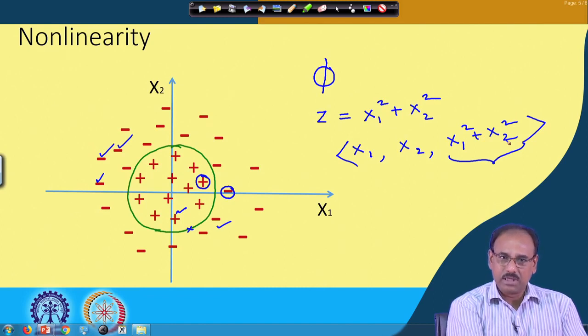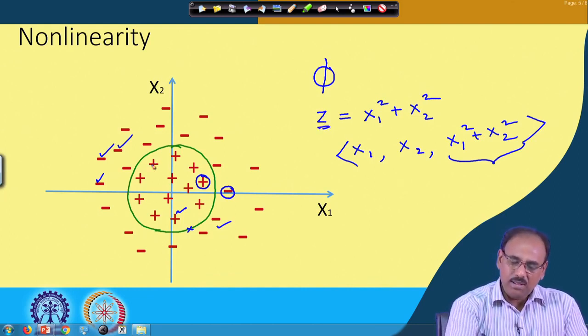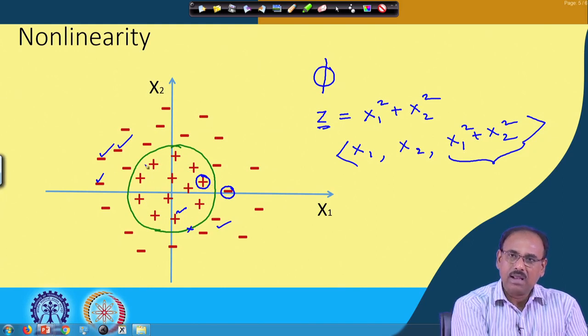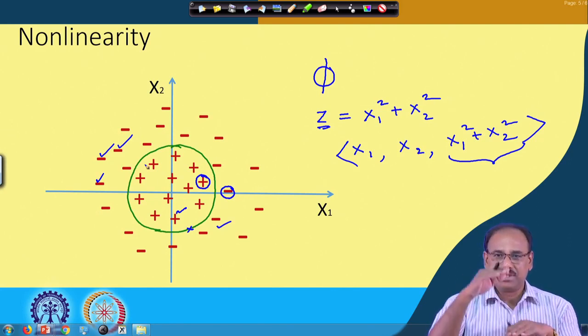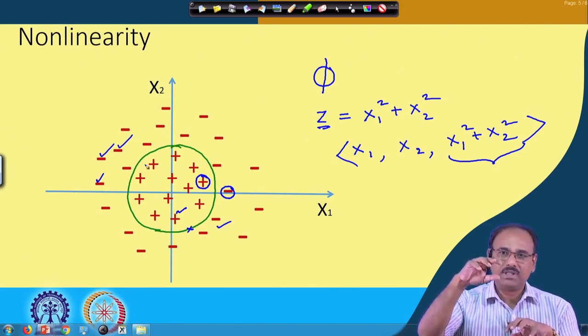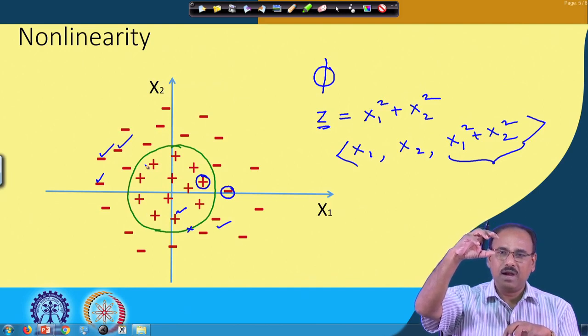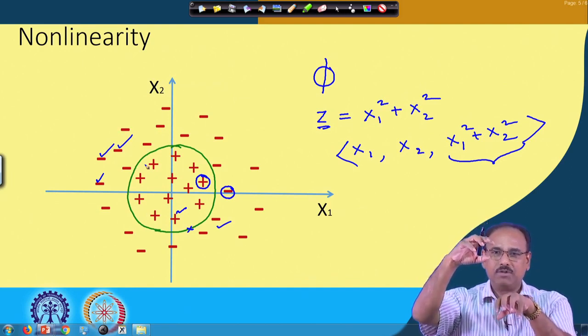And when you consider the third dimension, that is the dimension of z, for all these feature vectors which are within the circle, marked positive, the z value is less than the z value of the feature vectors which are marked negative. That means, when I consider the z dimension, all the feature vectors which are negative are somewhere over here, and all the feature vectors which are positive are somewhere over here.